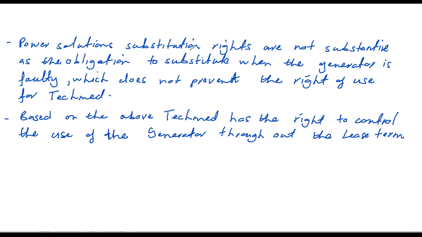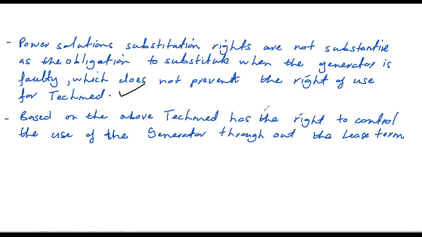Power Solutions' substitution rights, or powers if you want, are not substantive, as the obligation to substitute when the generator is faulty does not prevent the right of use for TechMate, because it's your obligation as the supplier to fix it when it's faulty, or to replace it with another generator because I need to work. So we are saying that does not prevent TechMate from having the right of use. That needs to be stated.